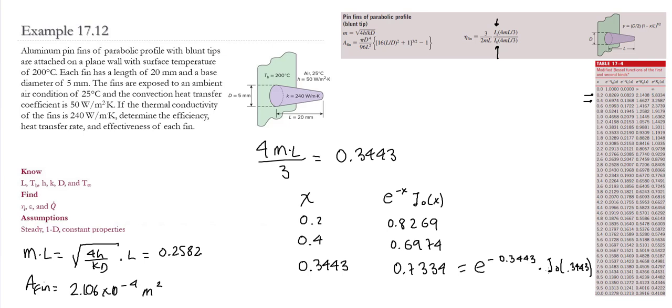And remember, what we're looking for is the value of the modified function, which is this. So in order to get it, we have to divide both sides by e to the negative 0.3443 to be able to get the value for that.